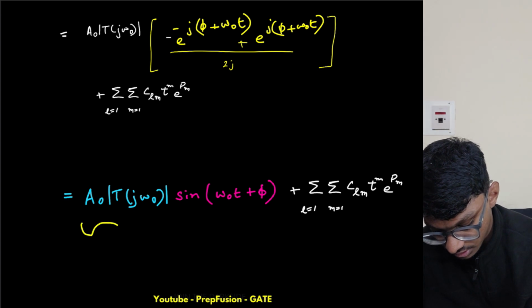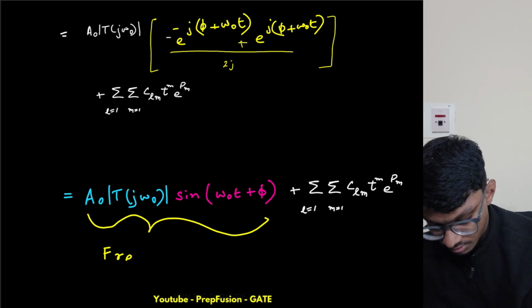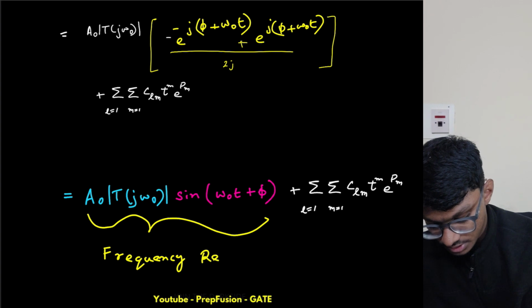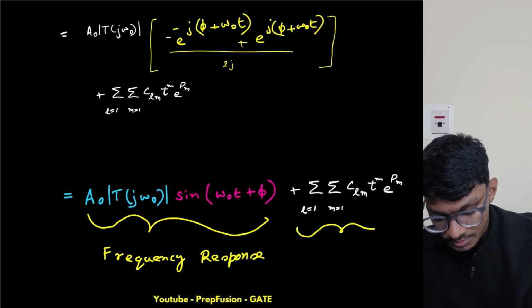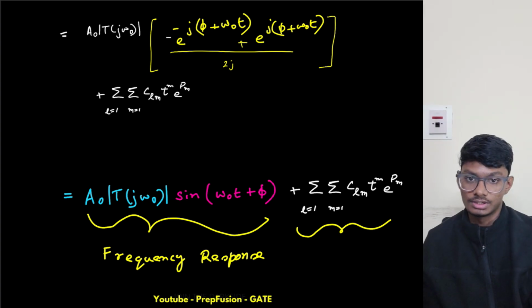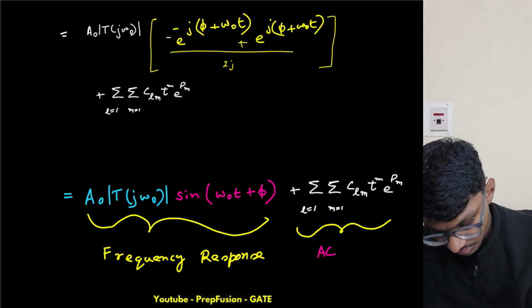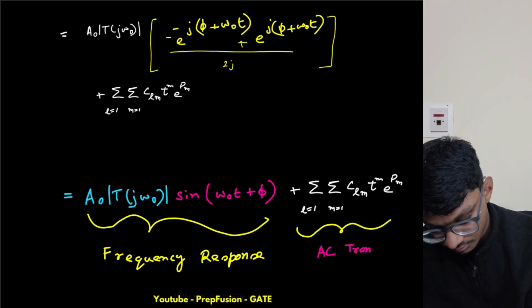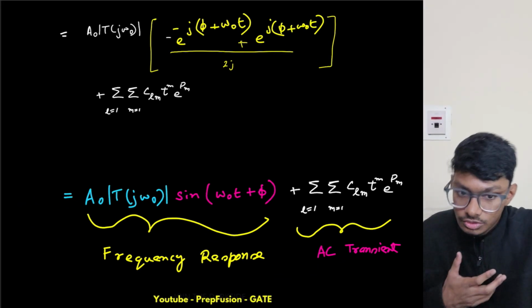And what is this part? This part is basically the AC transient. So this is what we get.